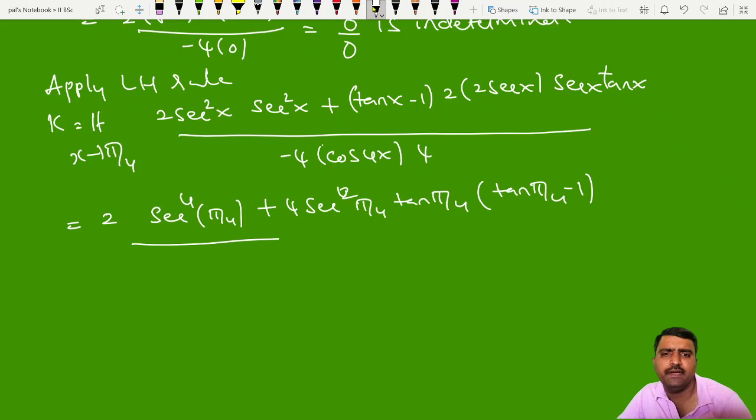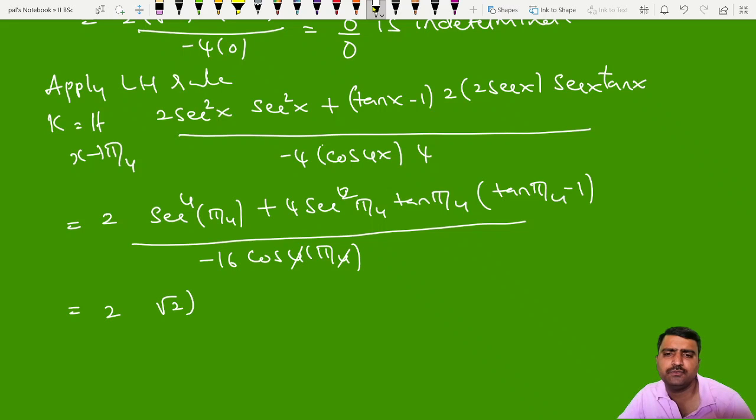This divided by 4 4s are 16, minus 16 into cos of 4x, that is 4 into pi by 4. 4 cancels, which is equal to 2 into secant pi by 4, which is root 2, root 2 to the power 4, plus 4 into root 2 square.